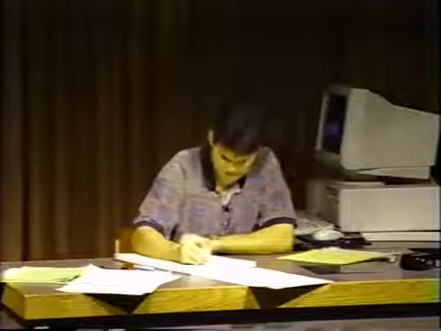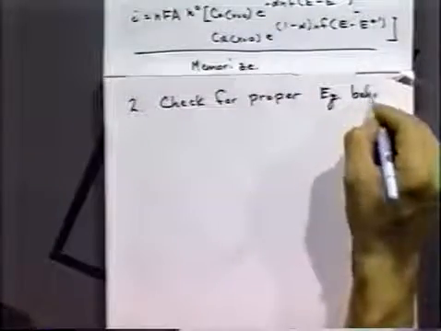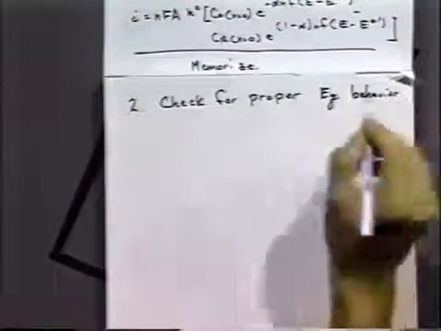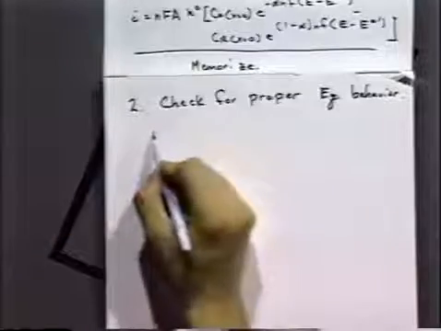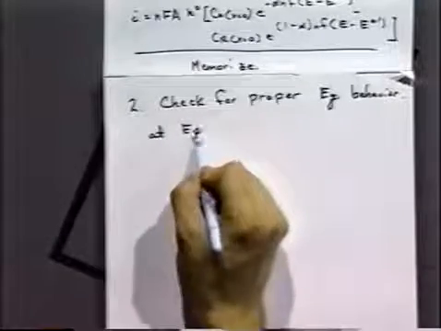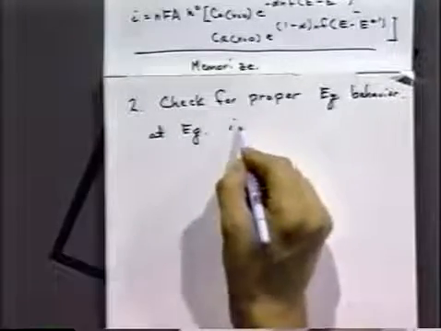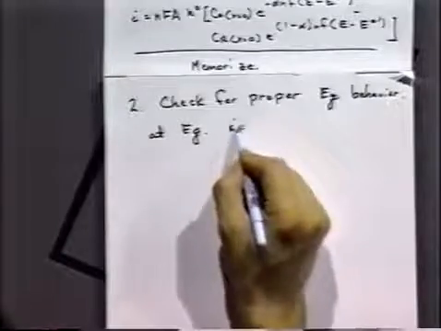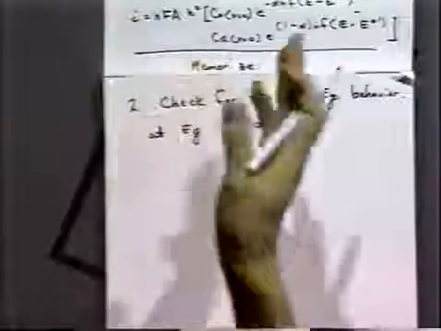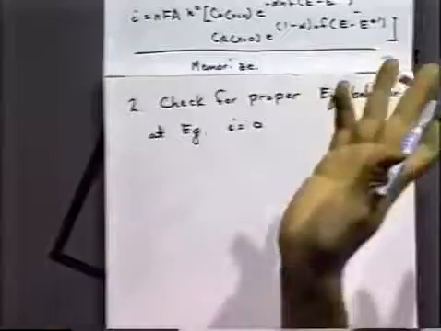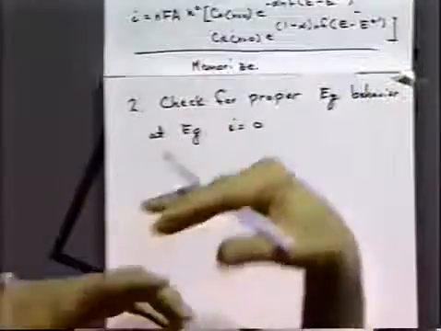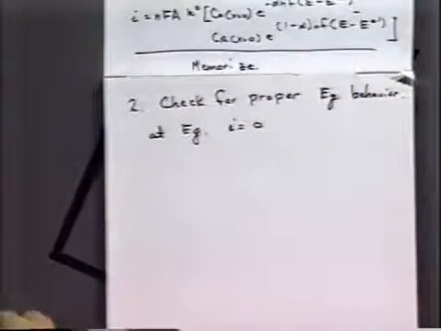So check for proper equilibrium behavior. So at equilibrium, what's the important thing? Well, we notice the net current is 0. Now, that doesn't mean the anodic and cathodic currents may not be 0, but the net current, I, that we observe is going to be 0 at equilibrium, has to be.